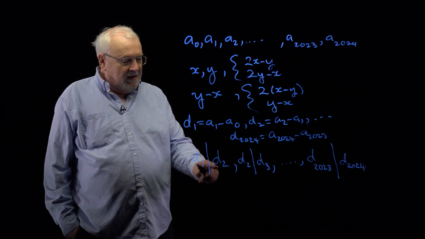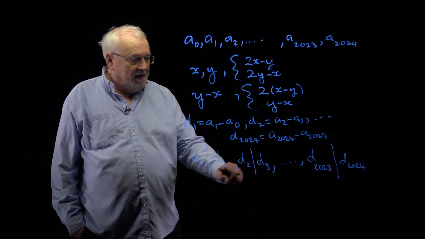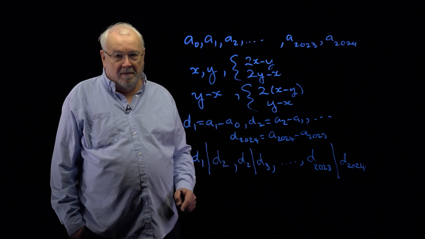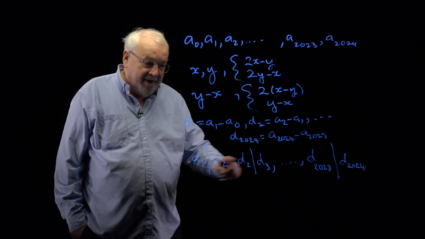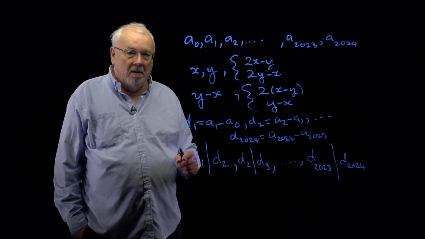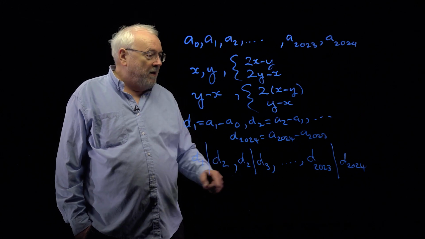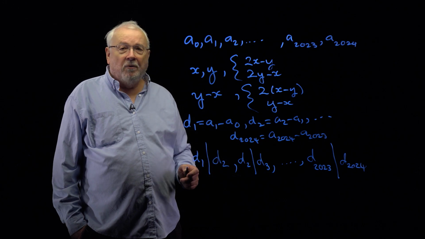Now, if d1 divides d2 and d2 divides d3, it follows that d1 divides d3. And that carries on. d1 also divides d4 and d5, and so on, up to d1 dividing d2024.